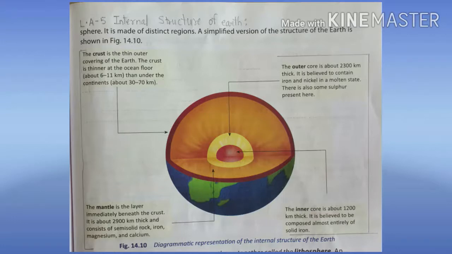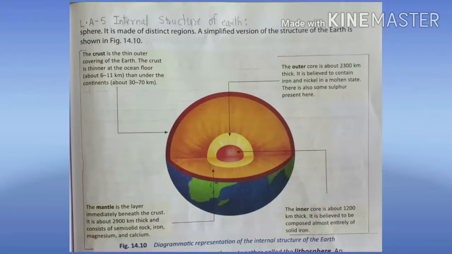The internal structure of the earth consists of the crust, the mantle, the outer core, and the inner core, and you have to explain the parts. Then after explaining all the parts, you have to draw the diagram, and in the diagram you have to label the parts only.